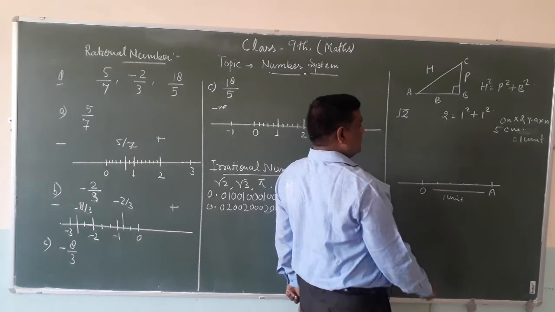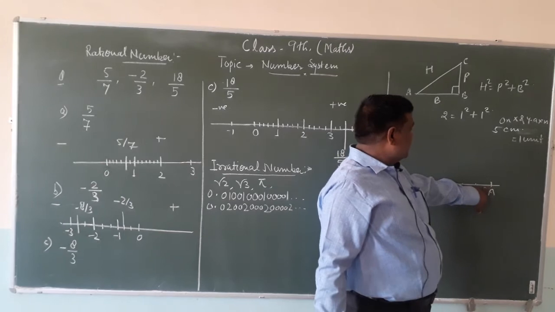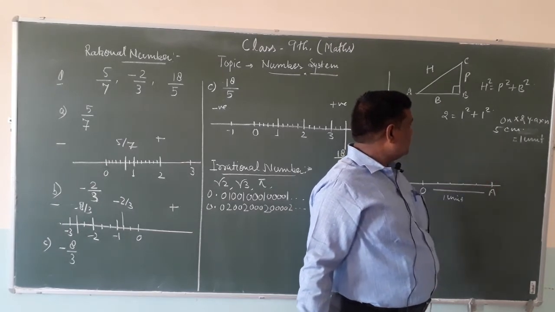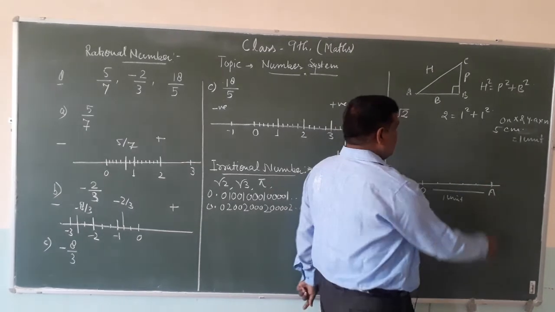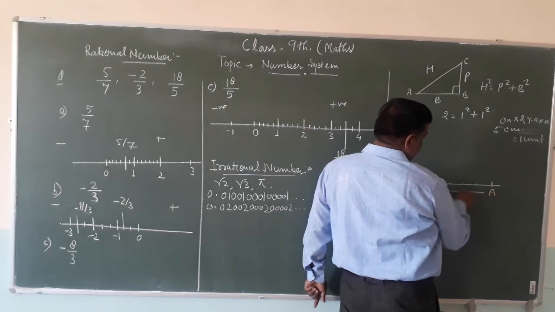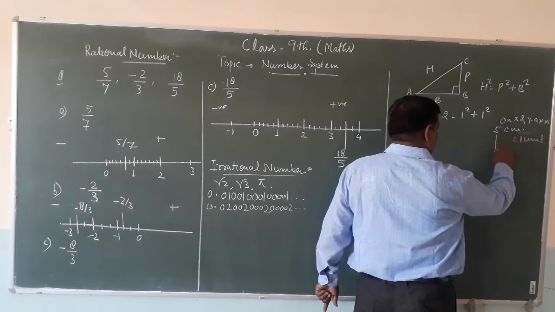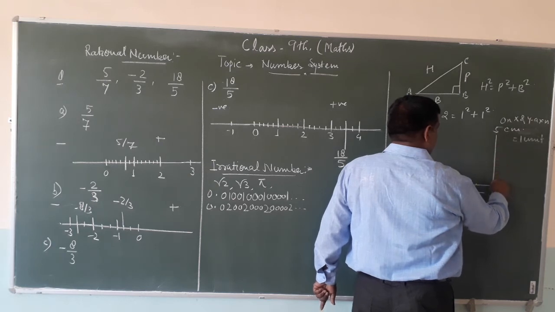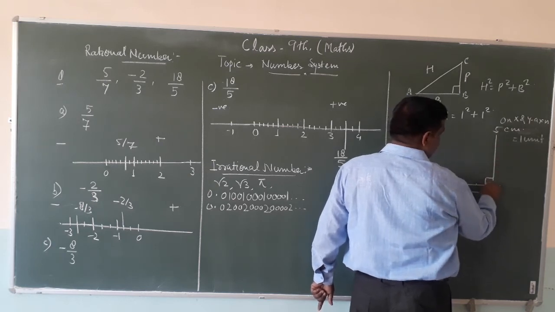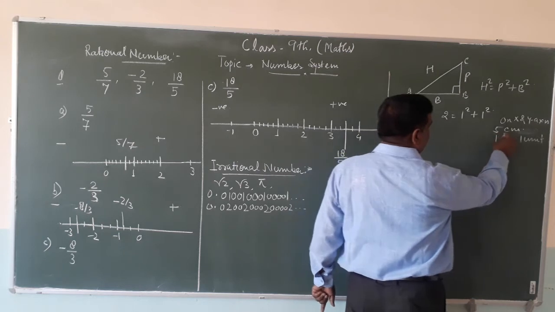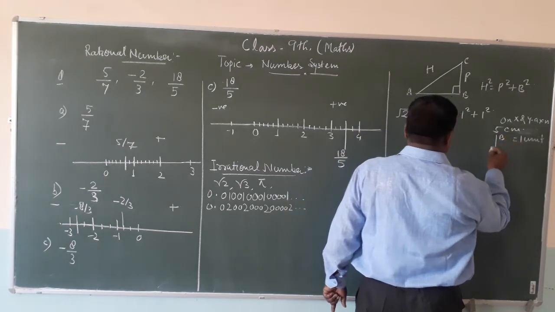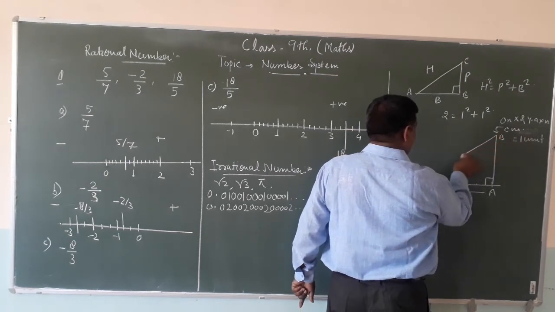Again at A draw a 90 degree perpendicular line, which is also 5 centimeter or 1 unit. This angle is 90 degrees. Now call this point B and join OB.